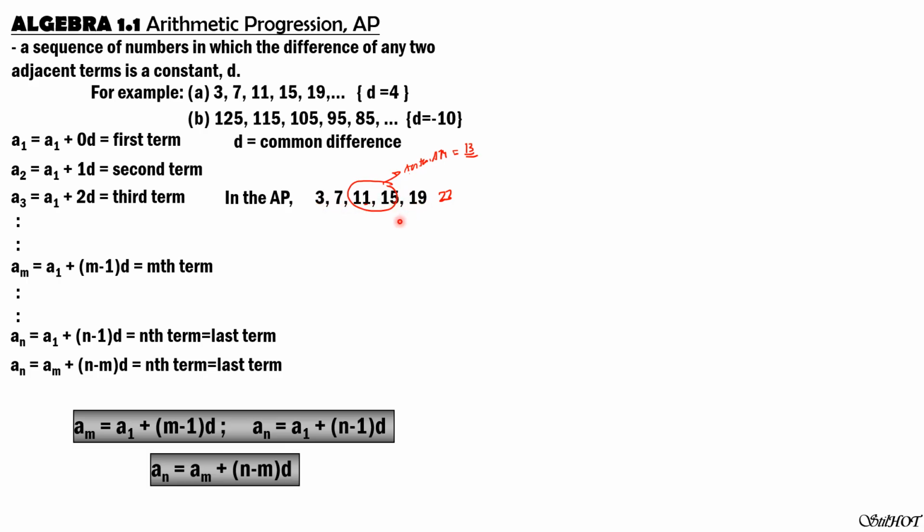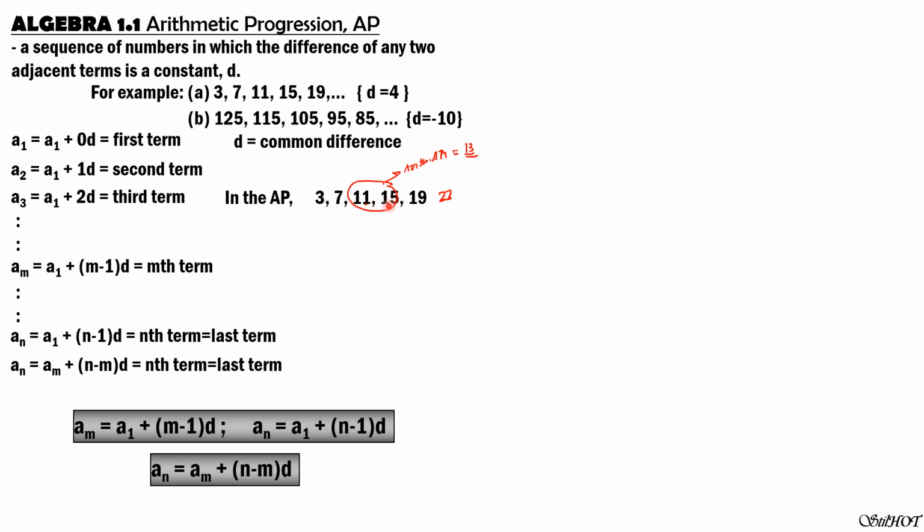So of course 11 is the middle term, and we call that the arithmetic mean. Now if we extend the series and we add 23, because 19 plus 4 is equal to 23, then there will be two middle terms, 11 and 15.